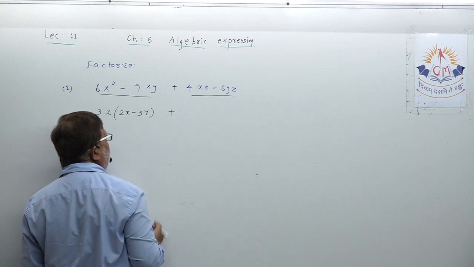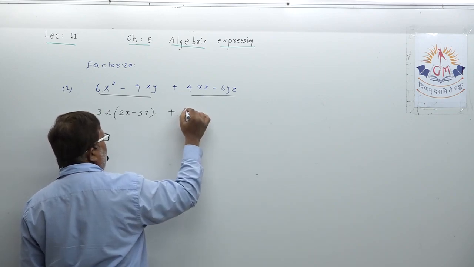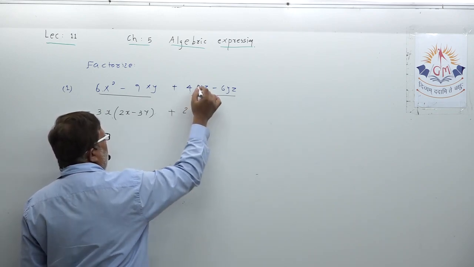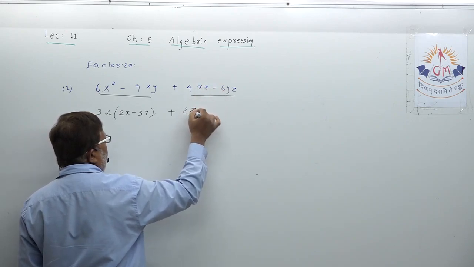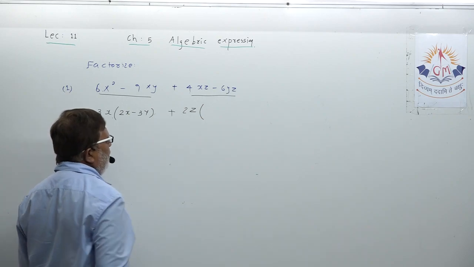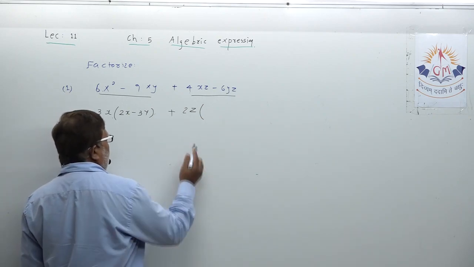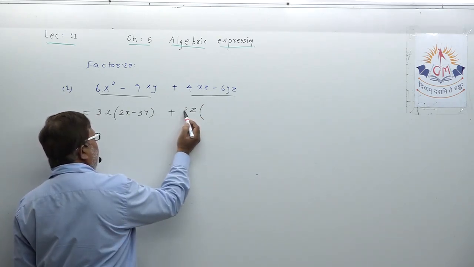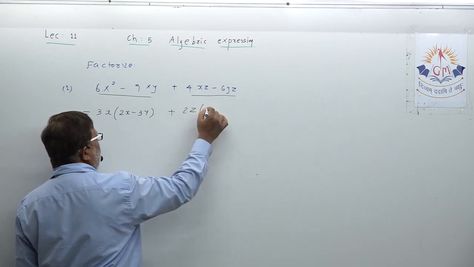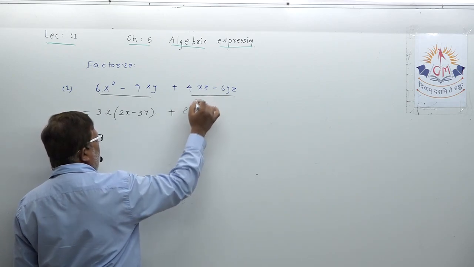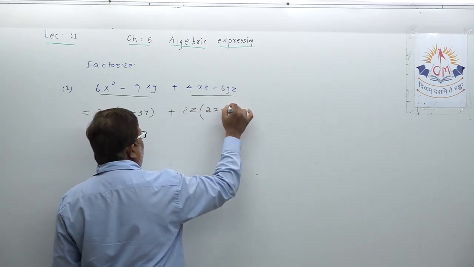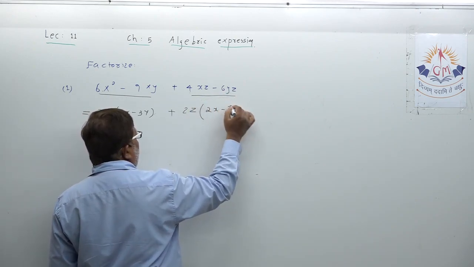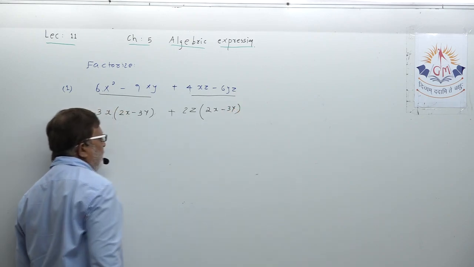Factor of 4, 2 twos, 2 threes, 2 is common. X is here, y is here, but z is common, so 2z. What will be left in the bracket? 2, how many times? 4, 2 twos. Z is common, so x is left. 2, how many times? 6, 3 times. Z is common, so y is left.